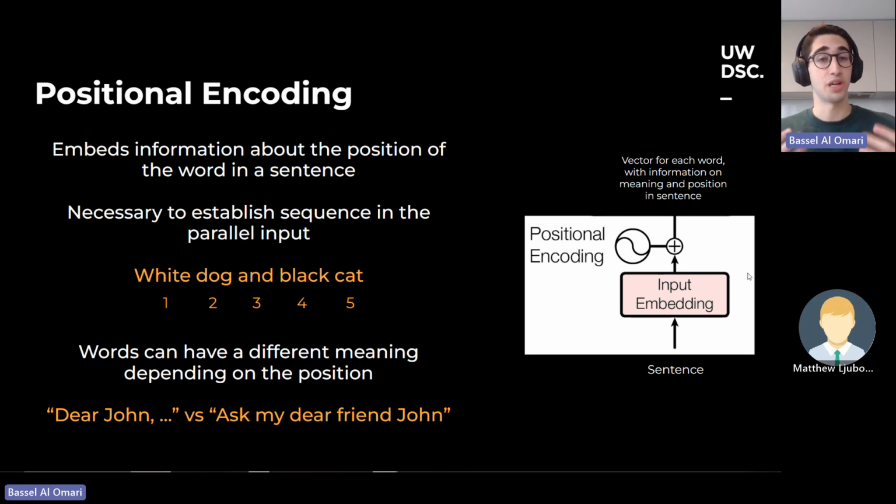The reason is that transformers process each word in parallel, and by doing so, it loses information about where the word is in the sentence, like which words came before it, which words come after it, is it at the start, is it at the end? Information like that would be important to understand how this word relates to other words in the sentence. So by performing positional encoding, in the vector that represents the word, you add more information about the word's position in the sentence.